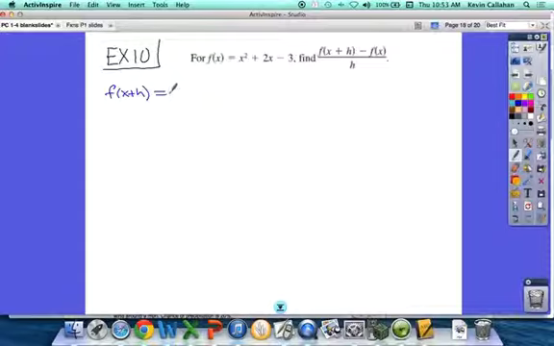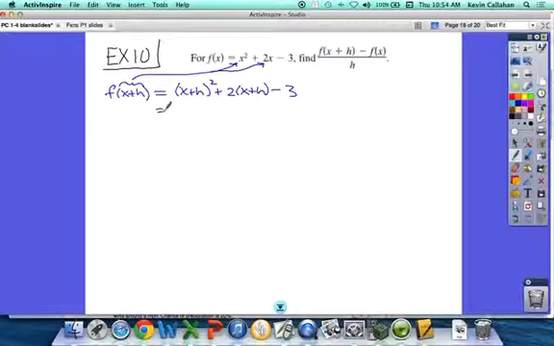Well, what would that look like? x plus h squared plus 2 times x plus h minus 3. See that, we took that and we put it into place there and there. Don't forget the negative 3. Okay, now you have to simplify.